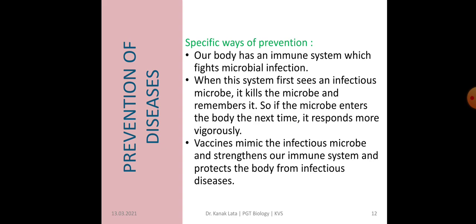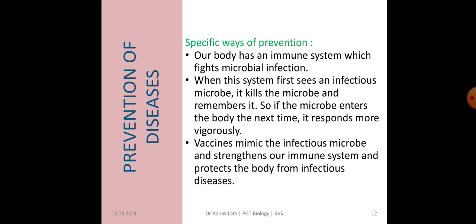When this system first sees an infectious microbe, it kills the microbe, and it also develops some memory cells and remembers it. So if the microbe enters the body the next time, it responds more vigorously.